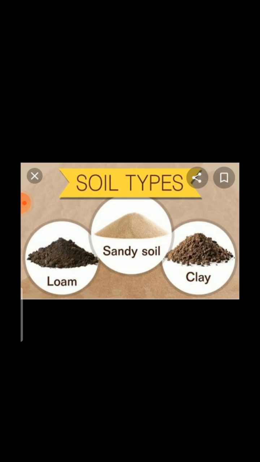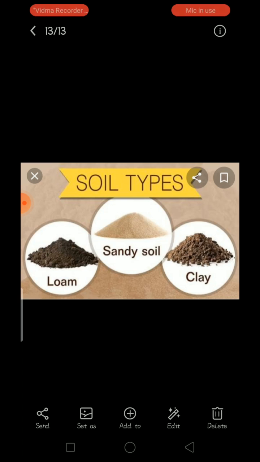So here the soil is a mixture of sand and clay particles. The relative amount of sand and clay depends upon the rock from which the particles were formed. That is the parent rock. From which rock the soil is forming, depending upon that rock only the soil has its sand and clay proportions.